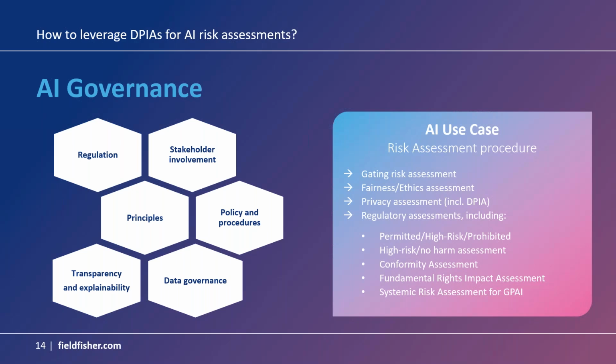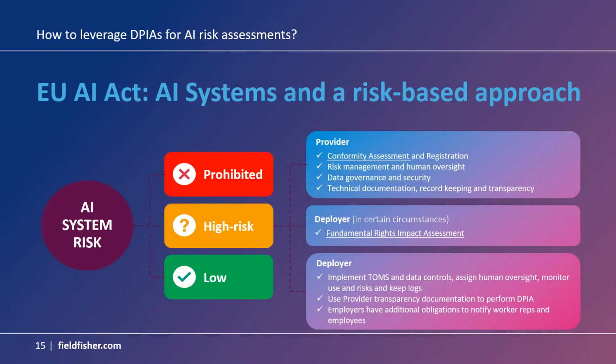So for example, regulators have issued some of these, including the ICO, which has published an AI risk toolkit. So if you haven't had a look at these, by all means, do have a look at this because it is a useful tool to assess risk in an AI context. So let's go to the next slide, please.